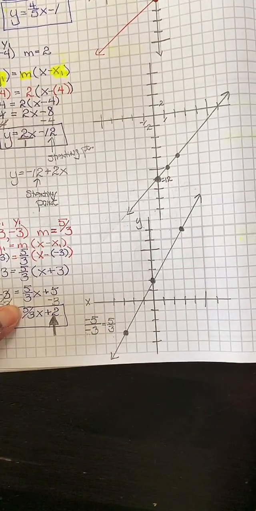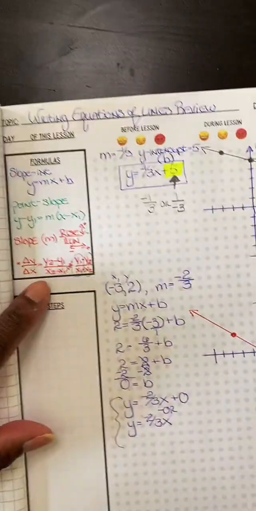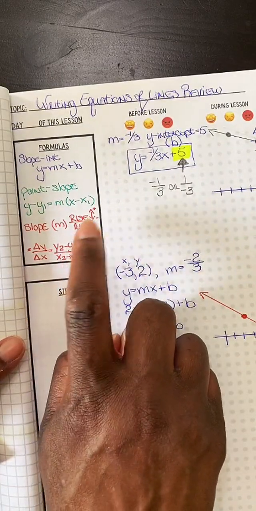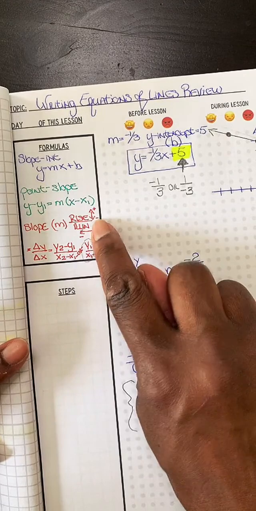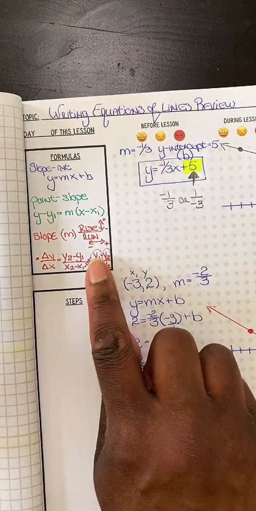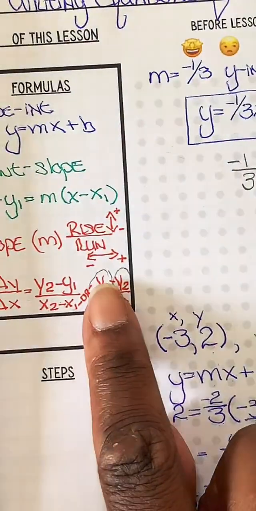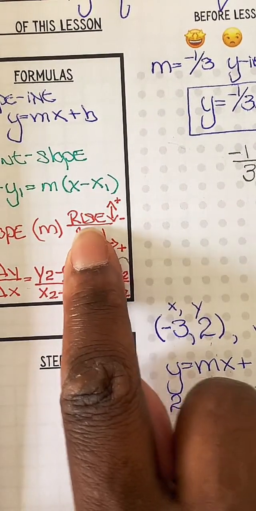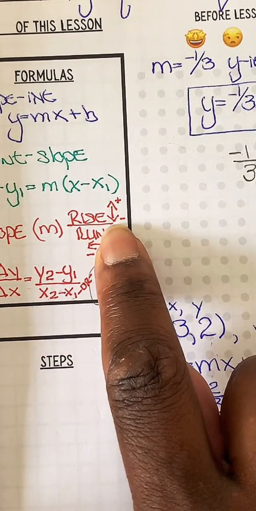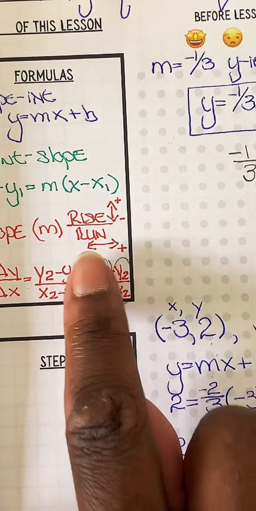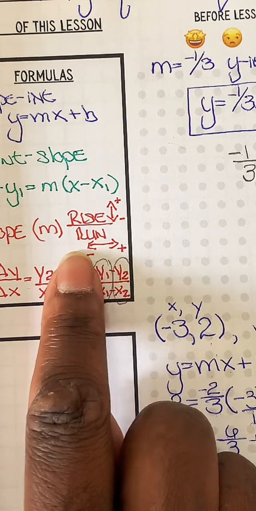Yes, so remember, your numerator, you're either going up or down. If you have to write these symbols, write the symbols. Let me zoom so you can see what I'm talking about. So your rise, you're either going up or down. You're doing that first, then you're going to run, go left or right.